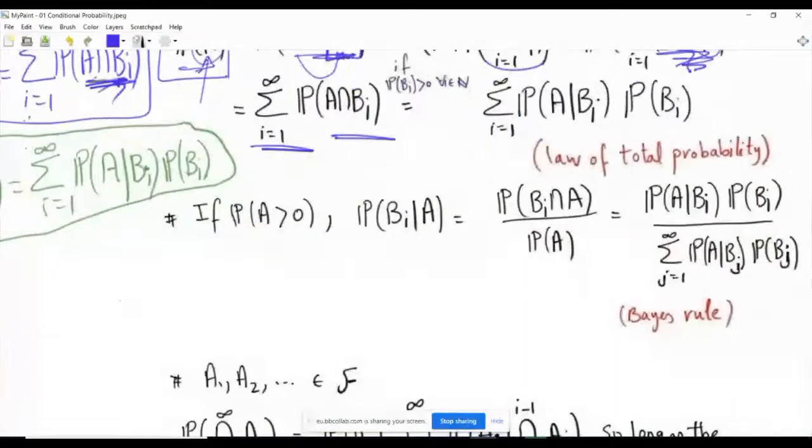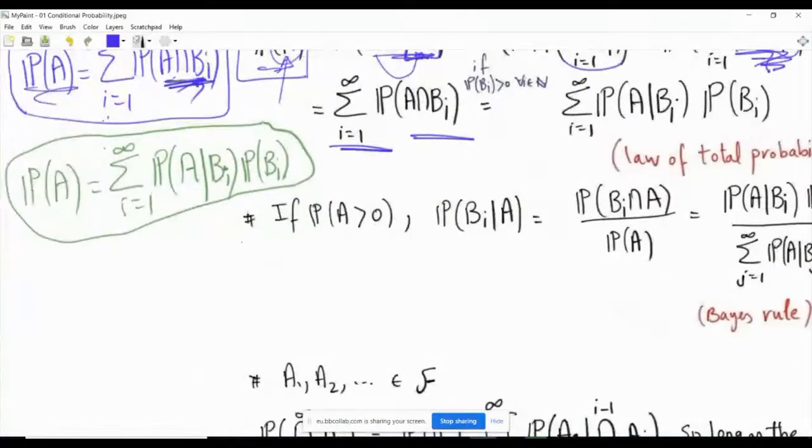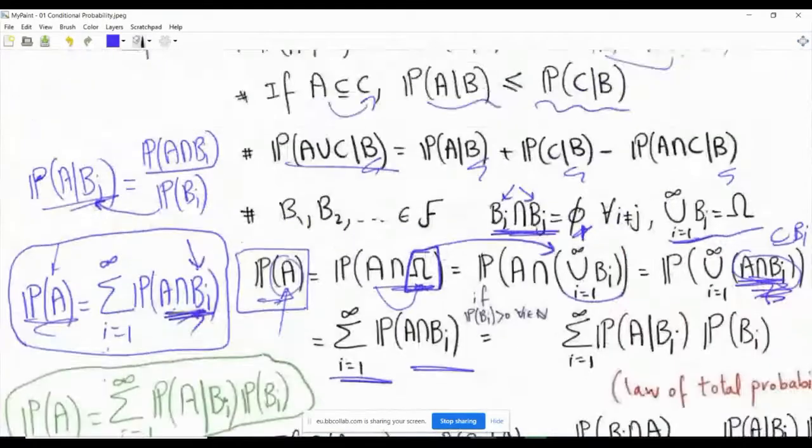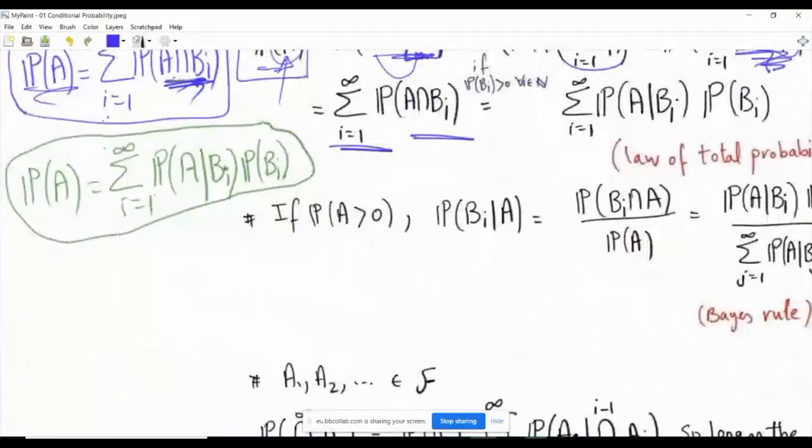Now, again, inspired by what I did here, suppose that you are talking about two events. Let's take that the probability of A is greater than 0.